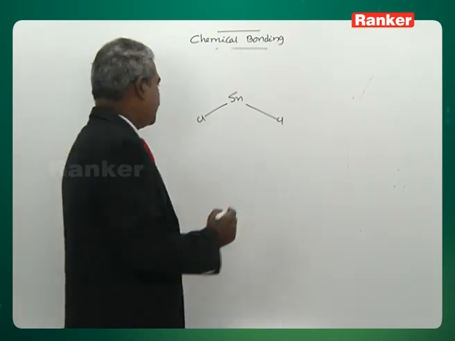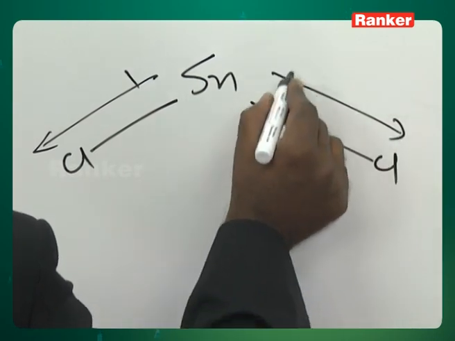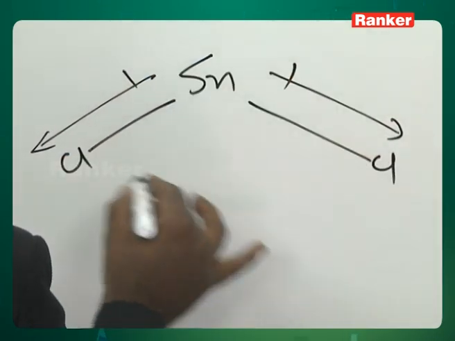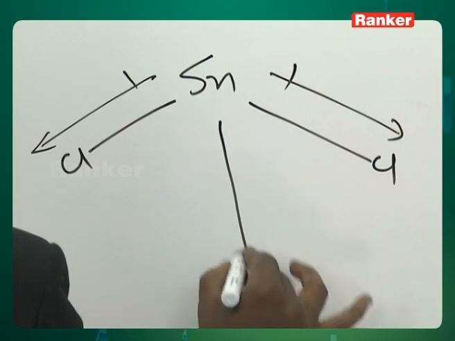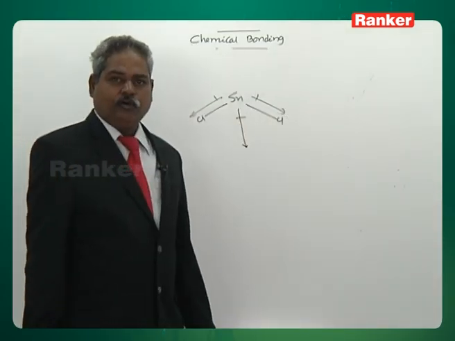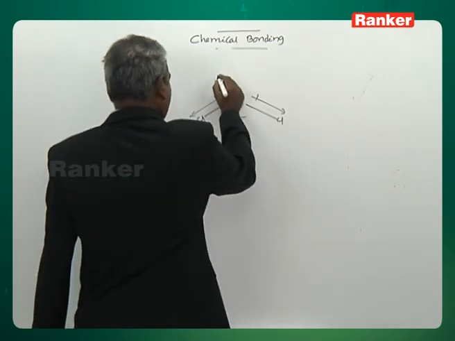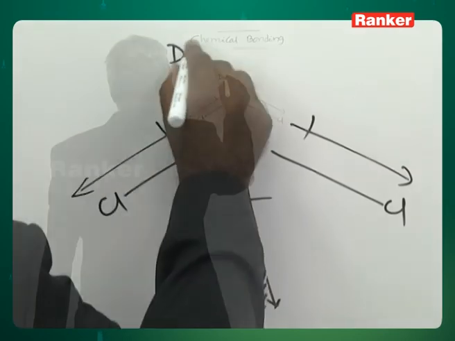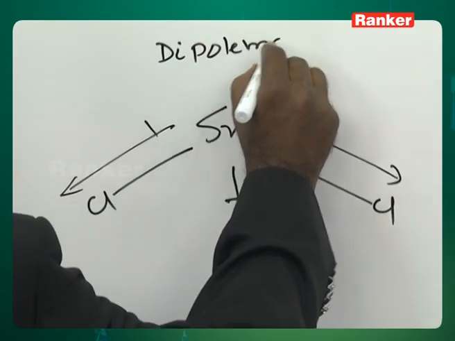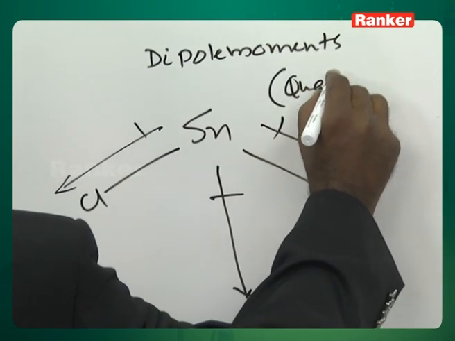Therefore, it is 0. Here, look at the direction of the charge in SnCl2. This way, this way. They don't cancel, and you know the resultants and vectors and all that. That's not necessary here. If you closely observe the JEE syllabus, dipole moments, qualitative aspects only.